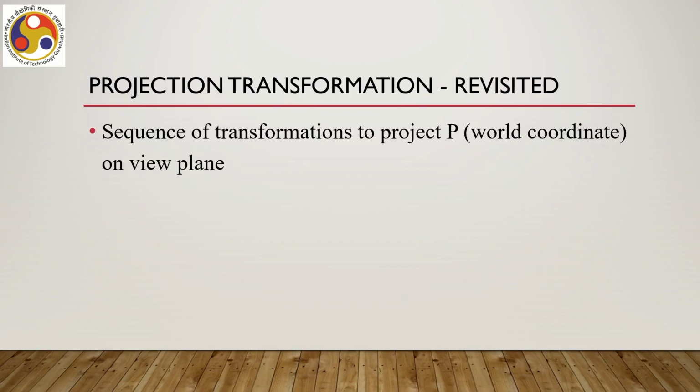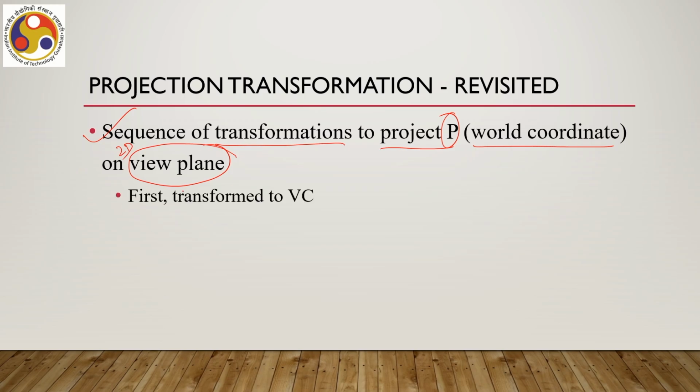So, then let us try to enumerate the sequence of transformations that are involved to project a point P in the world coordinate system to a point on the 2D view plane. So, first it gets transformed to view coordinate system, 3D view coordinate system.